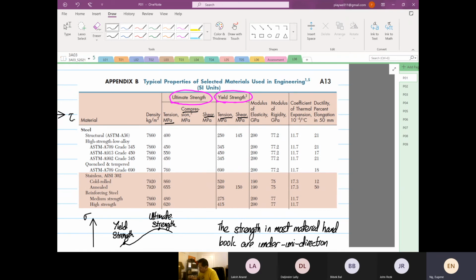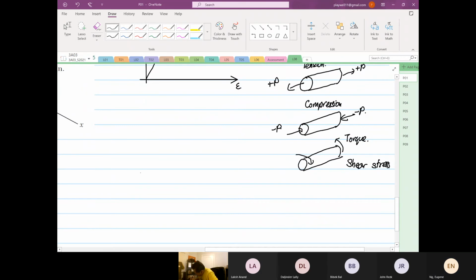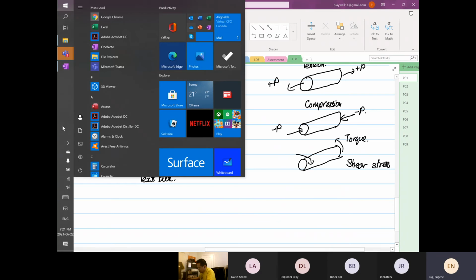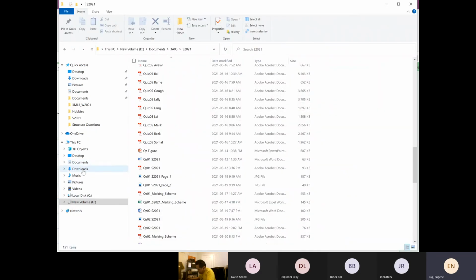Okay, so from the textbook. If you go back to the textbook, so probably you guys have seen this in 2P.